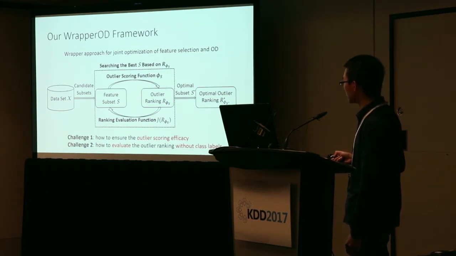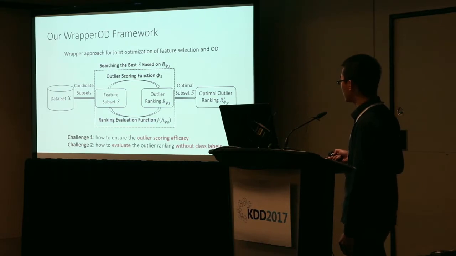For a dataset, given an input feature subset, we have outlier scoring functions to assign a score to each object and produce a ranking.